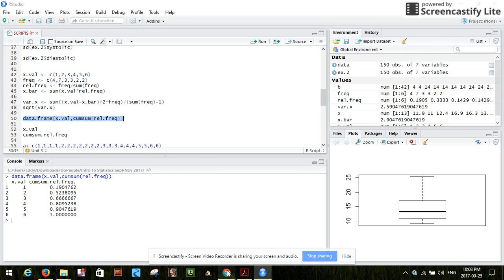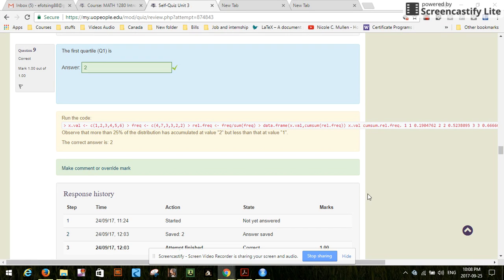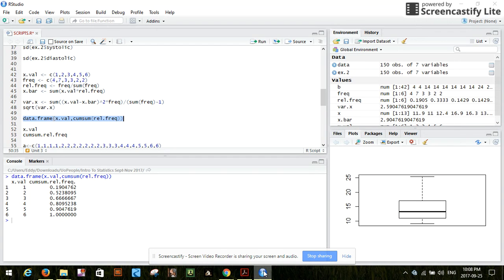Now what is the first quartile? The first quartile is basically about 25% of the data set. So we see that for 25% of the data set, we have roughly 2 sneakers. Again, this is an approximation because for 2 sneakers, about 52% of the observations are already covered.